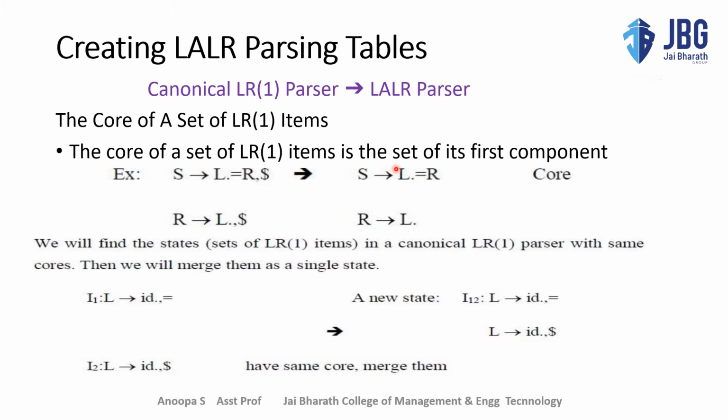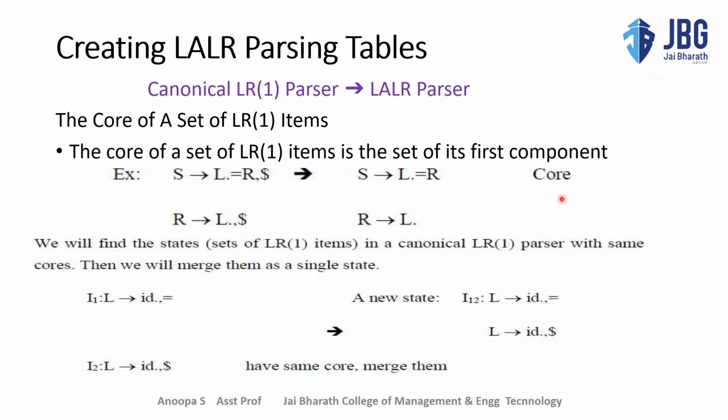In a set, or in a state, you have to check whether there are any two states having the same core. While discussing the CLR parser, I mentioned that whenever there is a change in look-ahead, we have to keep that production in two separate sets. Here we are going to merge those two sets or states regardless of the look-ahead symbol.